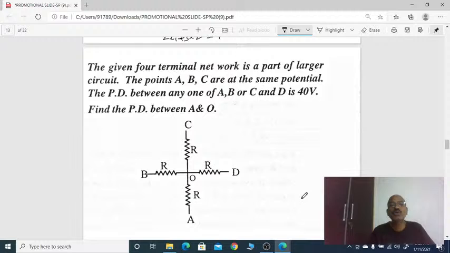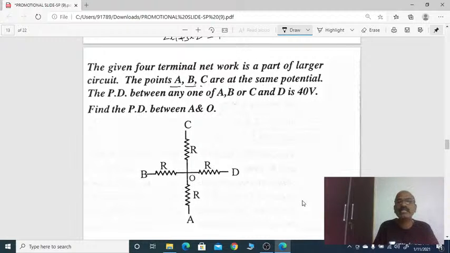Let us move to the next one. See here, right? The given 4-terminal network is a part of a larger circuit. The points A, B, C are at the same potential. Keep in mind, right?